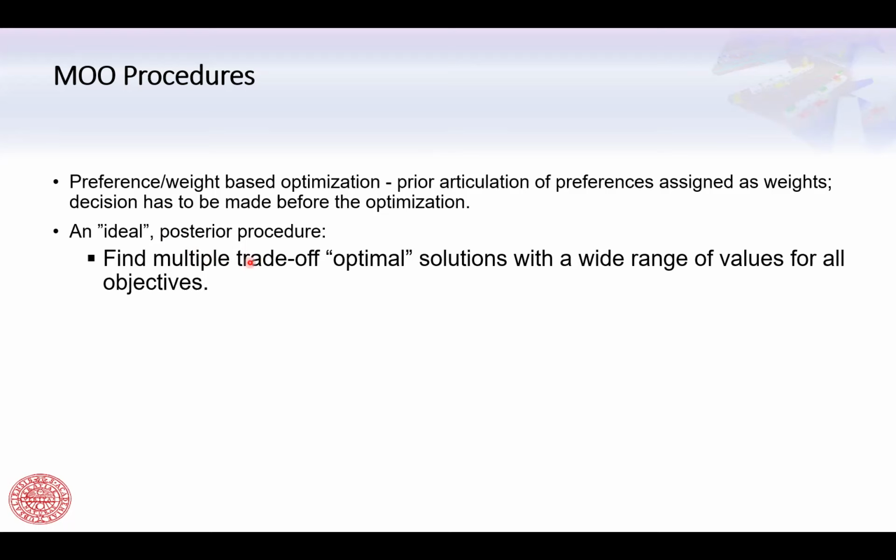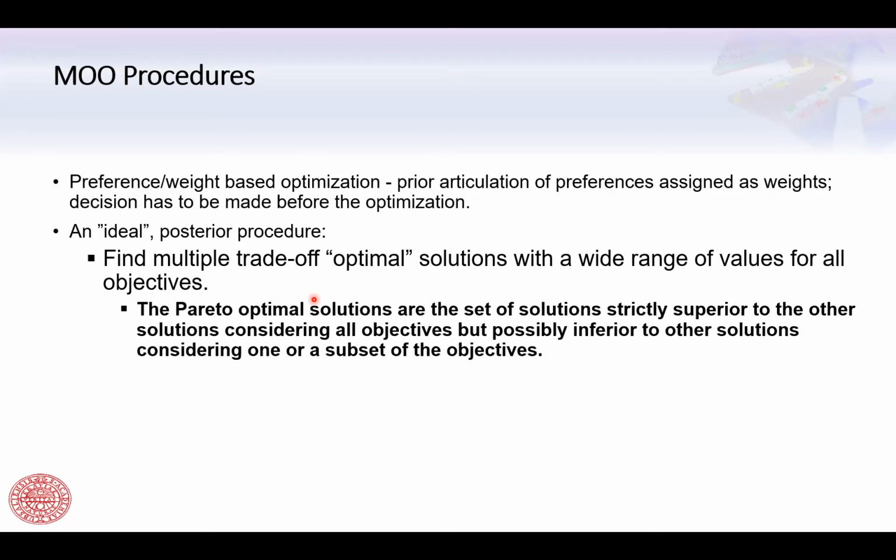Now, we have another, I call it ideal, and compared with a priori, we call it posterior. What does it mean by posterior? Posterior tries to find multiple trade-off optimal solutions with a range of values for all the objectives. And that means you try to find the best trade-off instead of already putting the trade-off into the weight, but you want to find the trade-off solutions and then you make the decisions afterward. And then the term that we talk about, Pareto, the same Italian economist who invented this 80-20 rule.